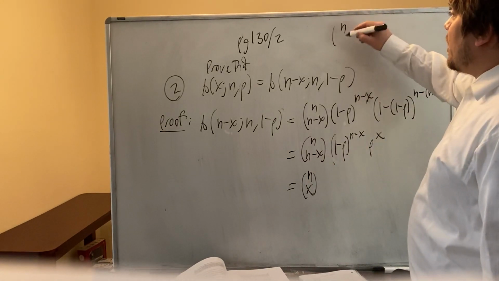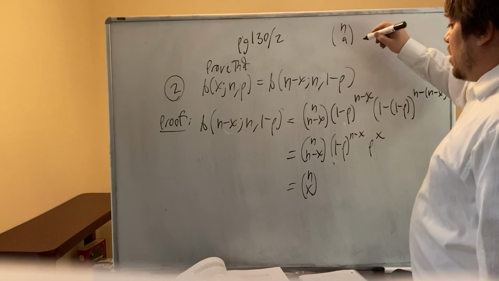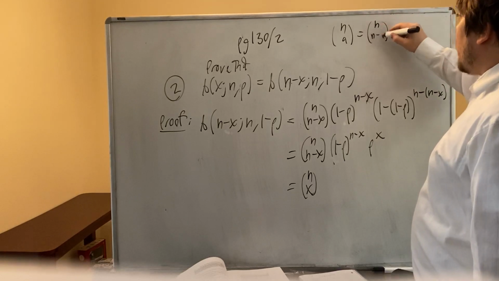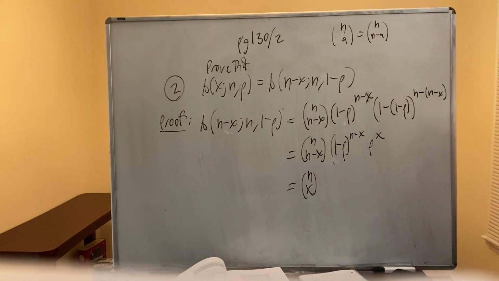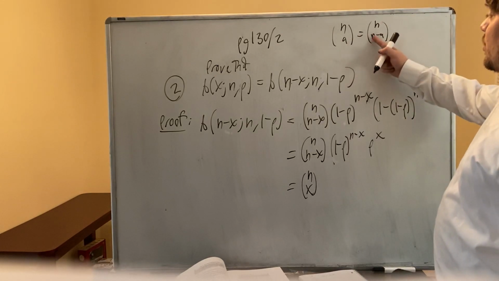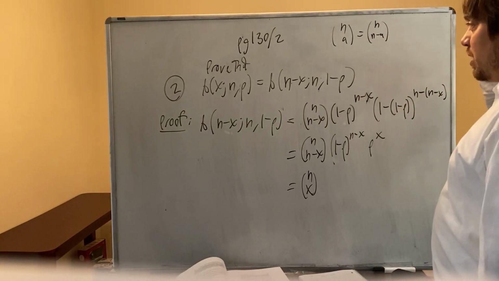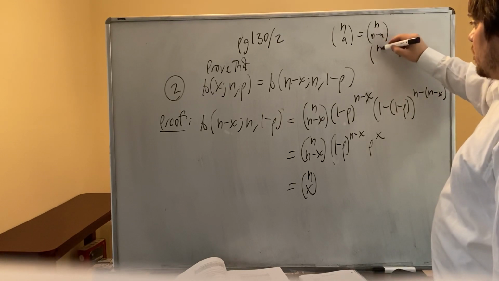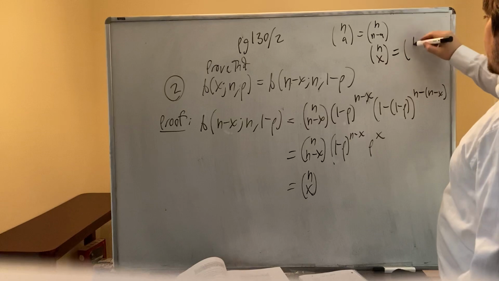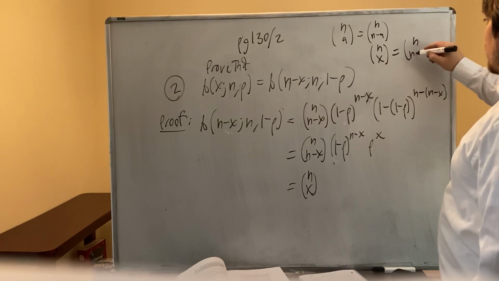So for instance, if you have n choose a, that's equal to n choose n minus a. So if you have n choose something, n choose n minus that something are the same. And so what we have here is that n choose x is equal to n choose n minus x.